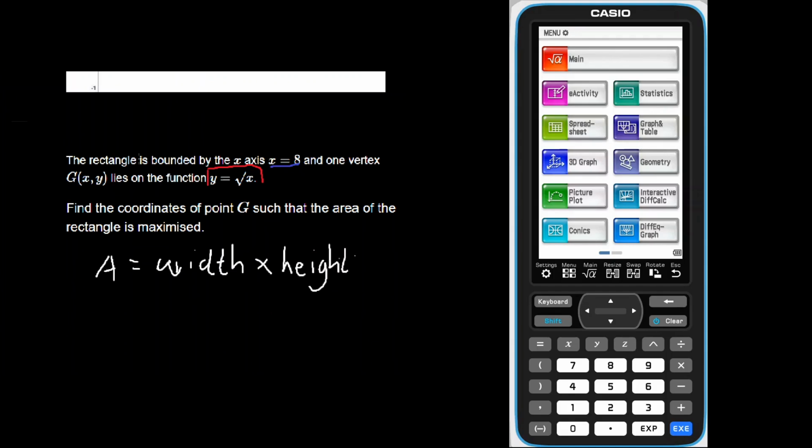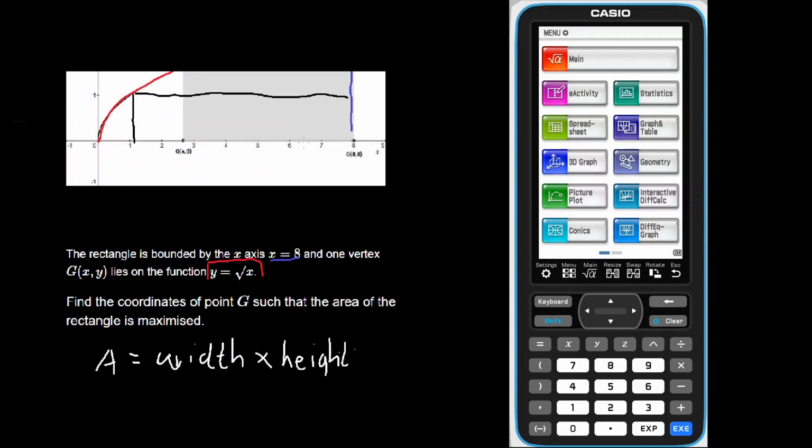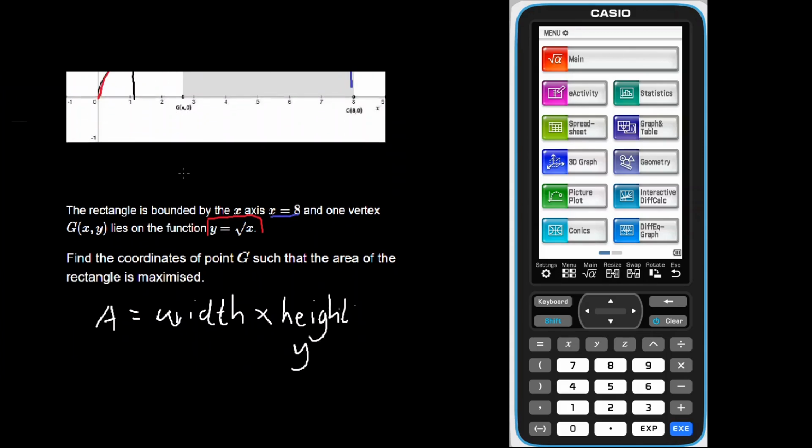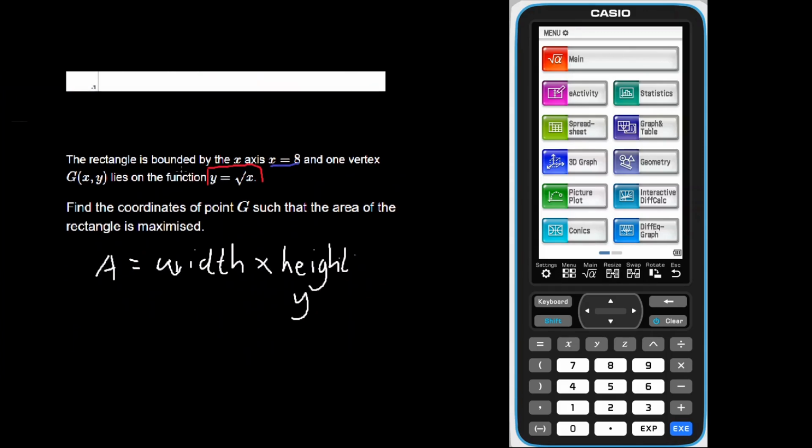The height is just going to be the y value that we choose. Now the width is going to be the difference of 8 minus that value of x that we've chosen. So it's like 8 minus that value of x. So hopefully that makes sense.